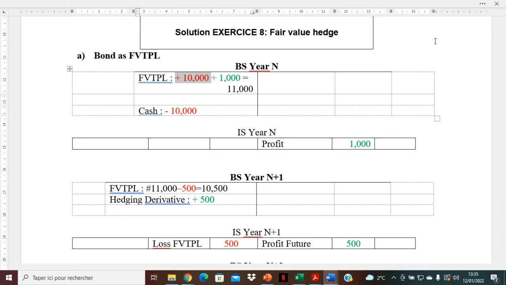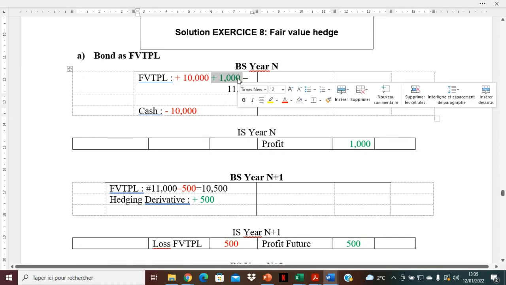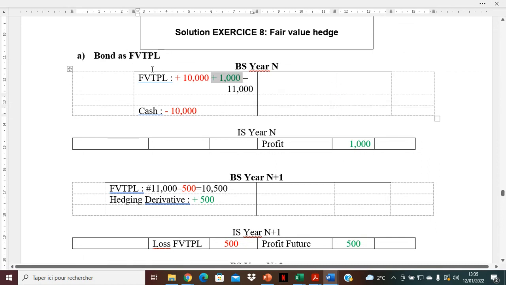Okay, no hedge accounting here. At the end of the year N, the value of the bonds has increased, so plus 1,000 on the asset side. And since I'm in the category fair value through profit and loss, we put the profit right away in the income statement as 1,000. So plus 1,000 on the asset side, plus 1,000 in profit and loss.